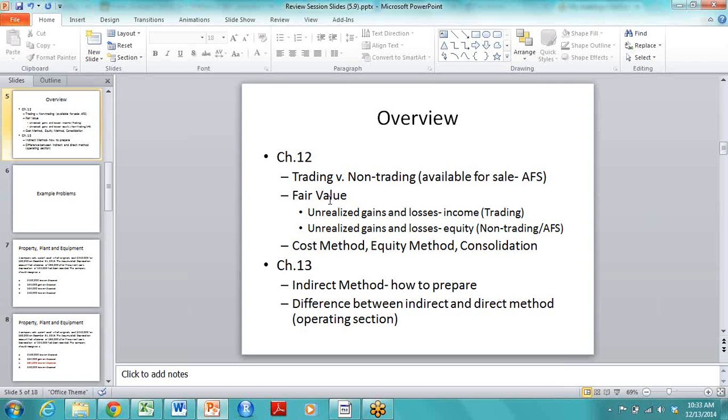Then I would have an unrealized gain of $5, from when I initially purchased it to what the value is at the end of the year. I'm still holding it, so I haven't realized that gain until I sell it. If it's a trading security, that unrealized gain will run through the income statement in the non-operating section. If it's a non-trading security, it's going to go through the equity statement.